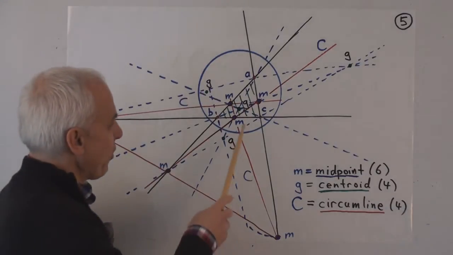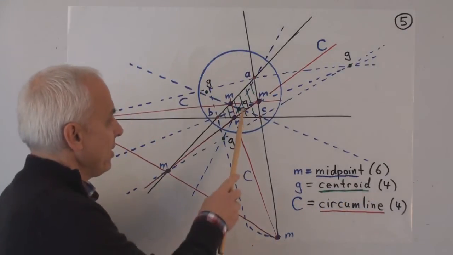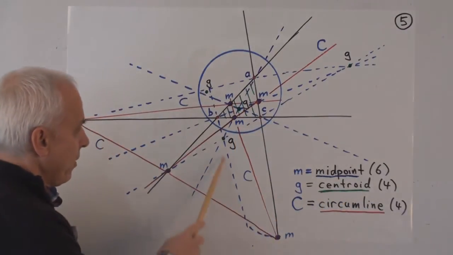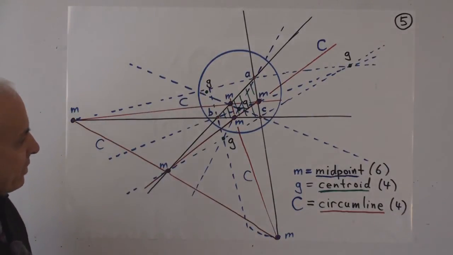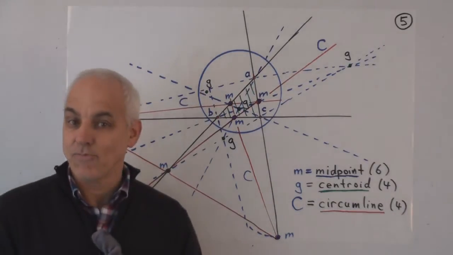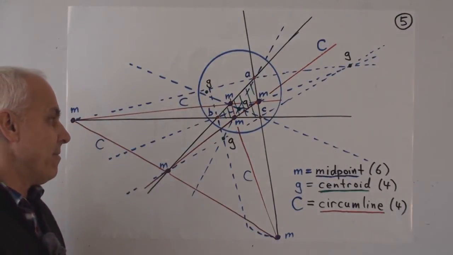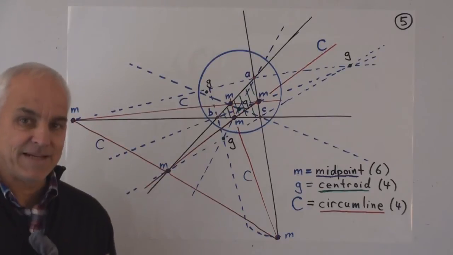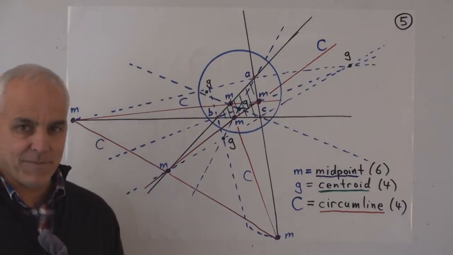So we have 6 midpoints labeled M. We have now 4 centroids in green, one there, one there, one there, and one there. But we observe something else that's rather interesting, that the 6 midpoints actually lie on 4 lines.